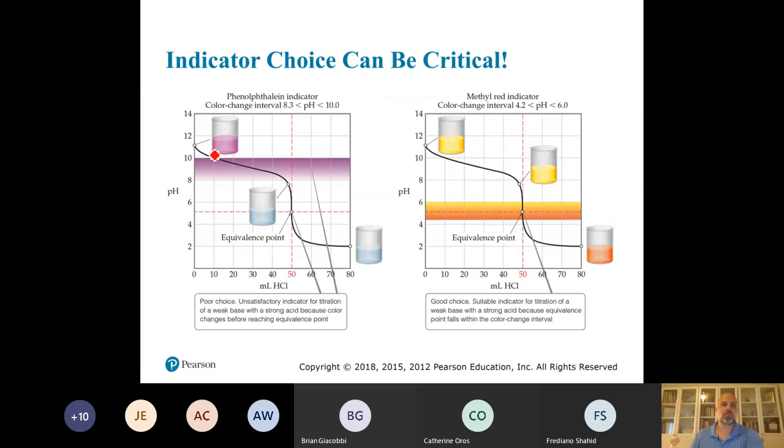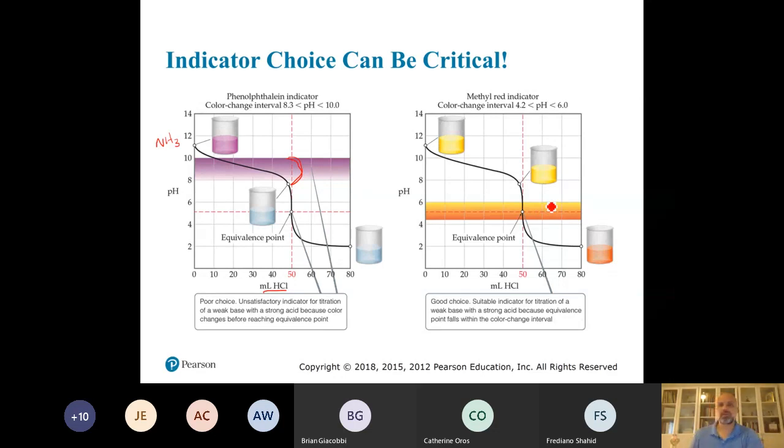When we titrate a weak base with a strong acid, we're adding HCl to a weak base, for example, maybe ammonia. This is the reaction of ammonia plus HCl, and we're titrating a weak base. You can see where the phenolphthalein range right here isn't ideal. We're going to have a color change occurring before we reach the equivalence point, whereas now methyl red is going to be ideal. You can see methyl red will work for this titration.